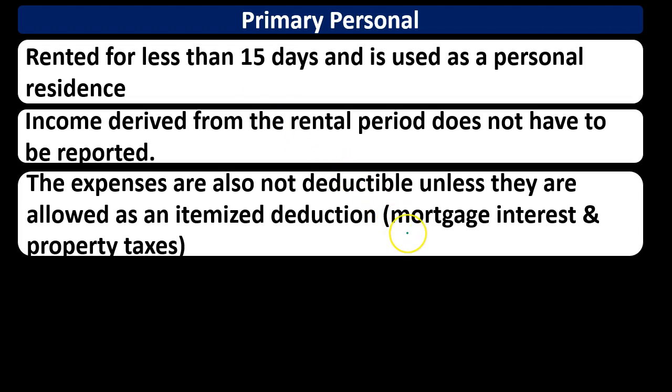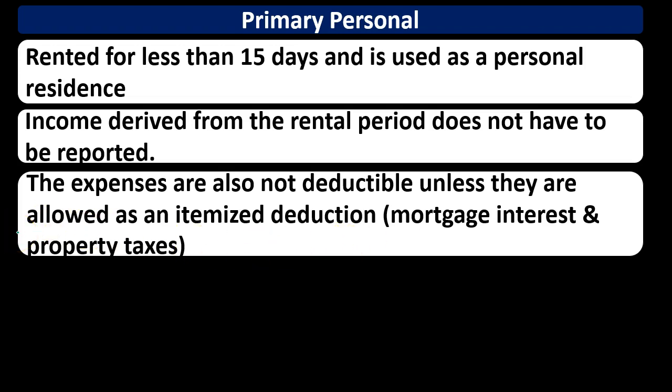Now, note that we may get some deductions in other areas. So we may get to still deduct the mortgage interest and the property taxes, for example, as Schedule A type deductions. We just can't deduct them as rental property on the Schedule E. So we're talking about rental property. The property still then may qualify for things like state taxes or some type of mortgage interest for our residence type of deductions.